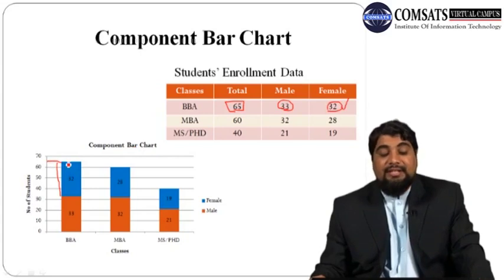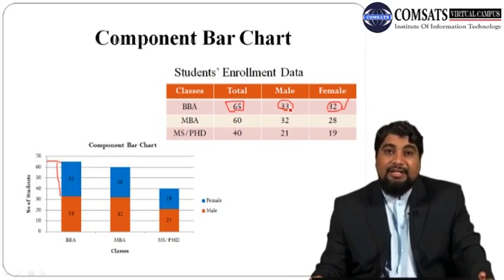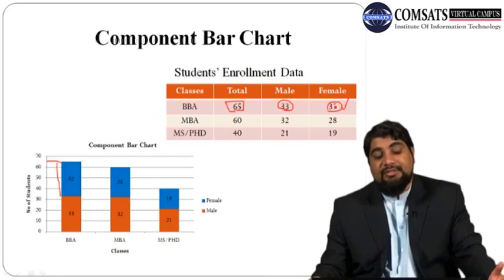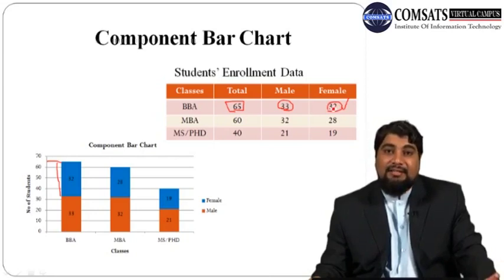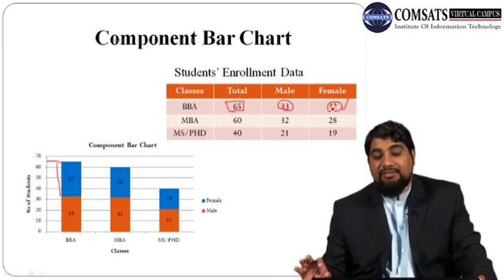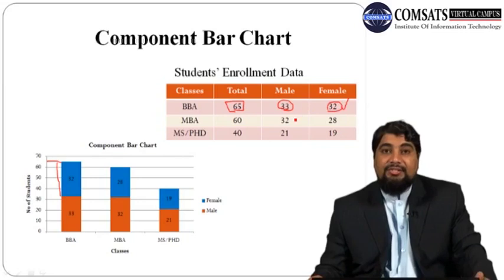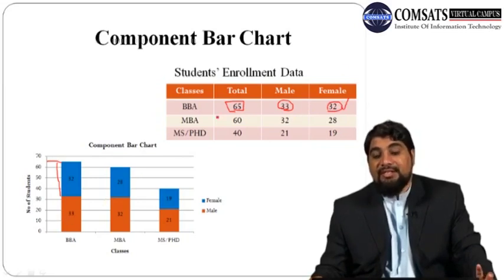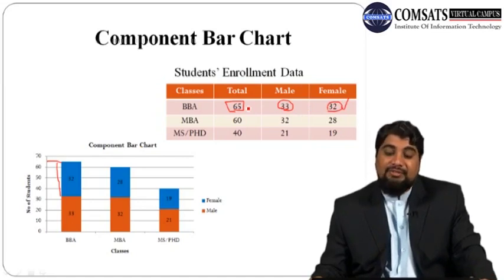You can see that this total height of 65 is subdivided into two parts: the first portion containing 33 male students, and the remaining portion containing 32 female students. That's why it is called a component bar chart, because one bar is divided into different components. Here this bar is divided into two components. The first represents the male students, whereas the second represents the female students.